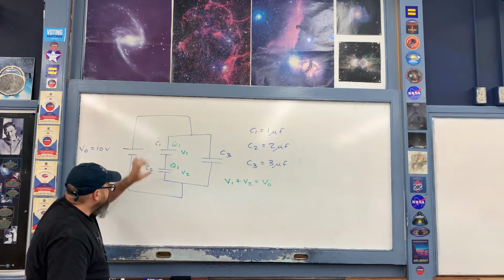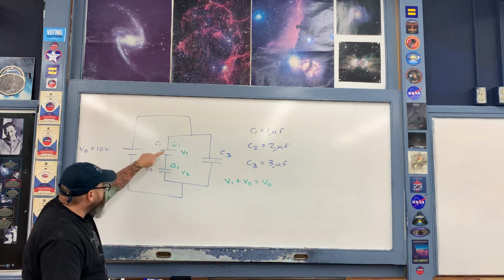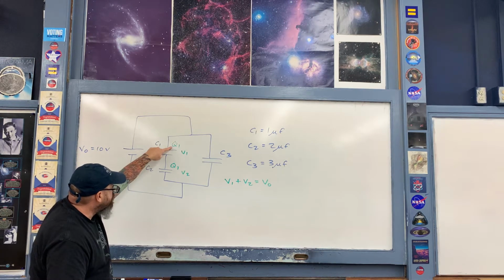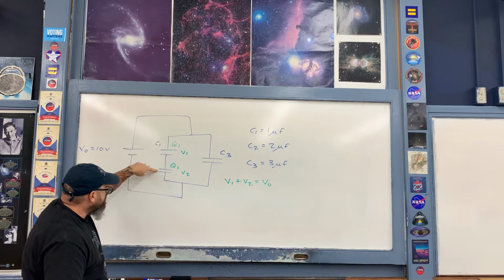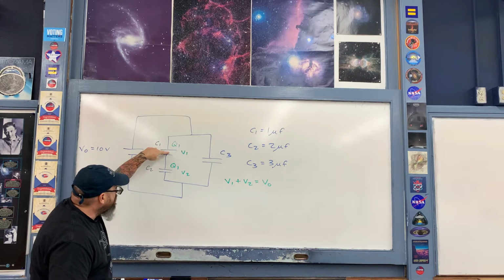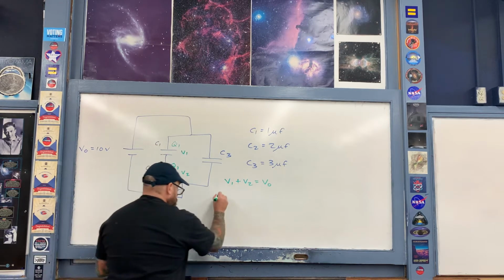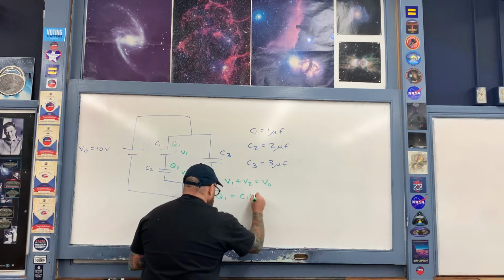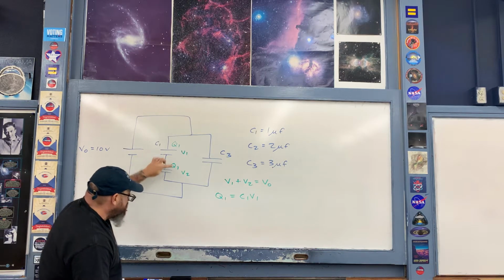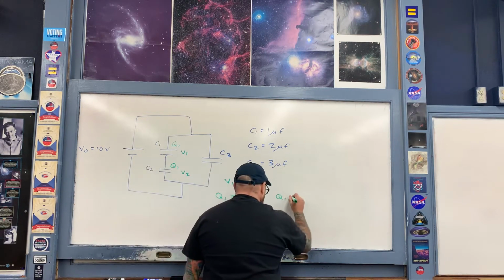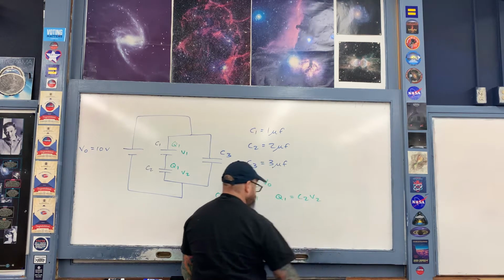Then, with these capacitors in series, let's write down relationships for the charge. Q1 is the same here as it is here, because these two capacitors are in series. So for C1, we can write Q1 as C1 V1. And for the capacitor here, we can write the same Q1 as C2 V2.